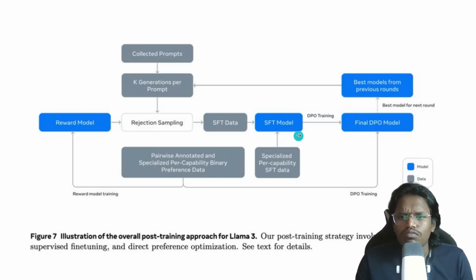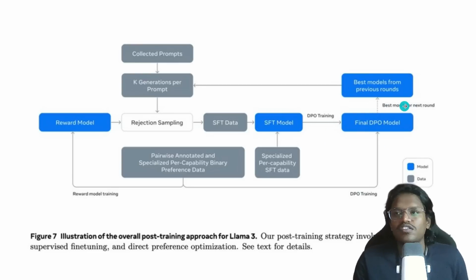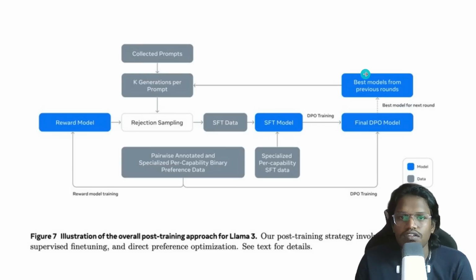That model will then be aligned to preferences, and the model which showed the best result will be considered, where we have a set of prompts for it to optimize itself.